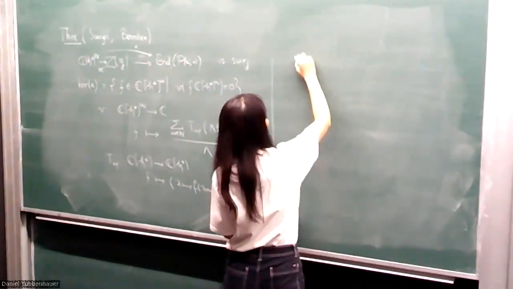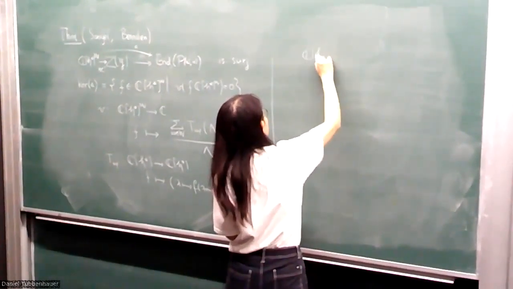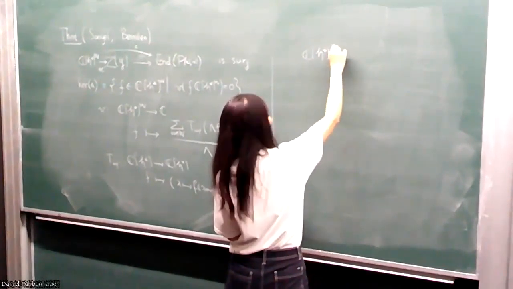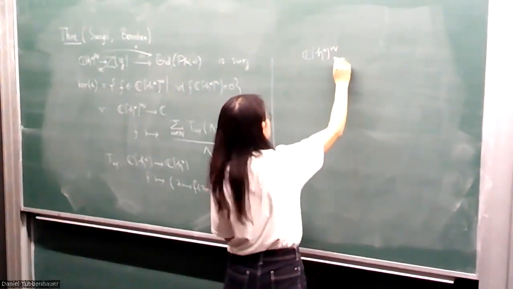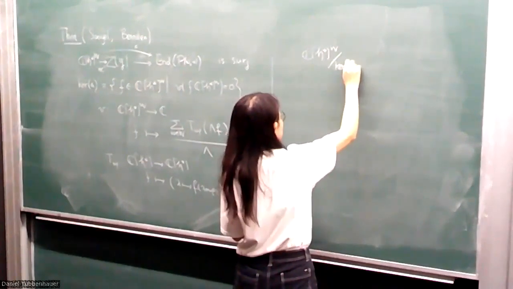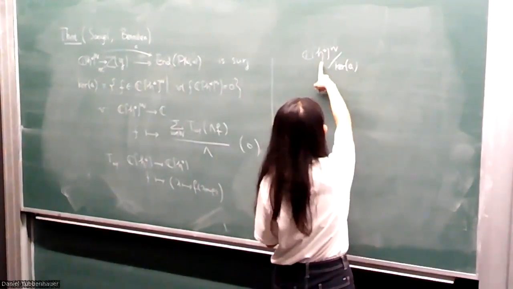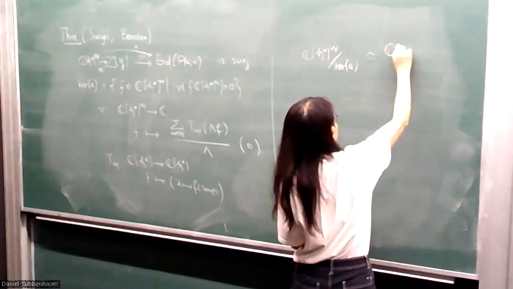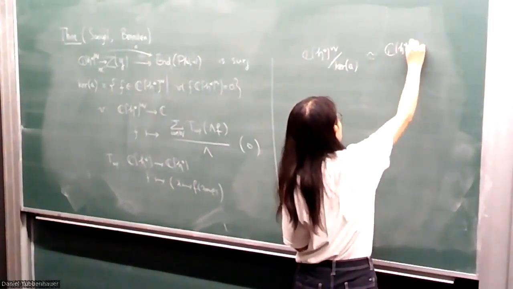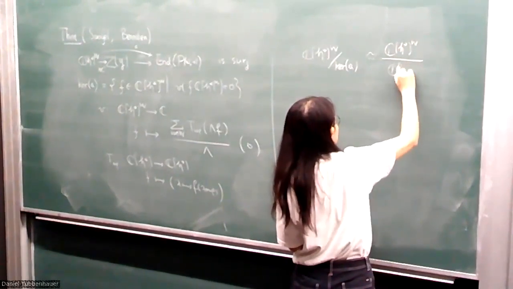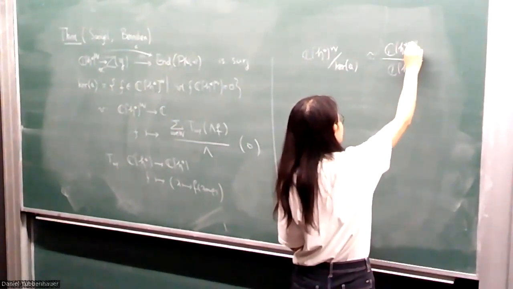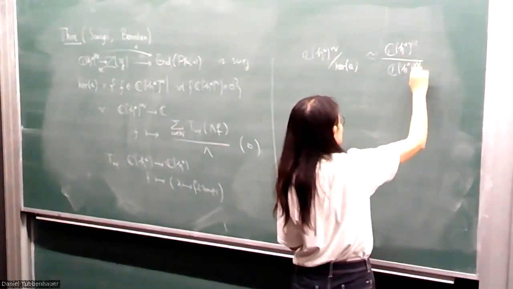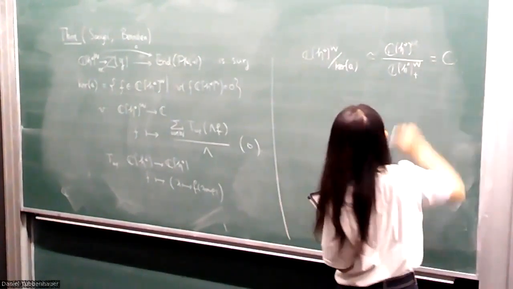And then furthermore you can show that the quotient determined by the kernel of A is isomorphic to C[h*] quotient by the multiplication ideal. This is the coinvariant algebra.